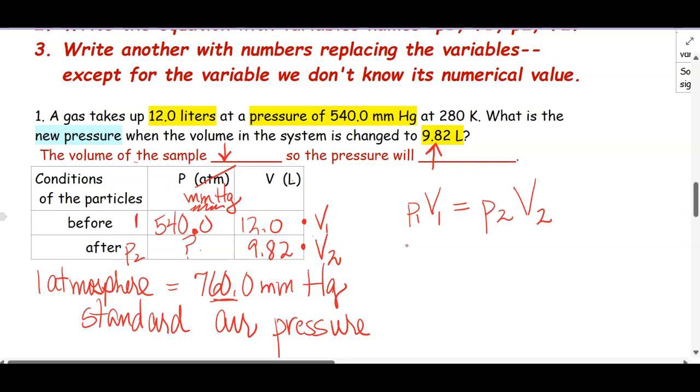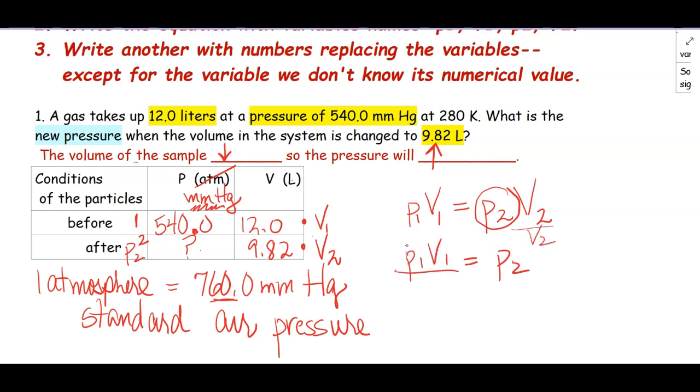The before is the 1, and the after is the 2 variable, second variable. All right, so what we want is this. So P2 is just, we'll divide both sides by V2. All right, and see how those cancel.